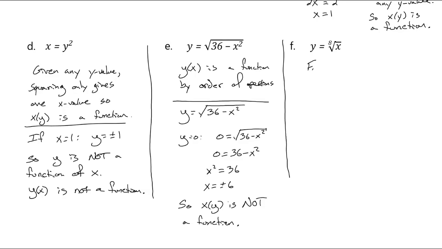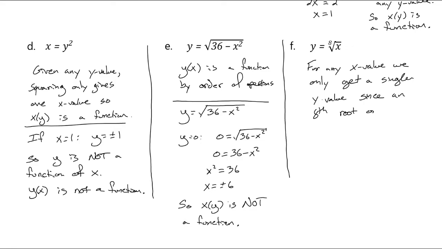So for any x value, we only get a single y value, since an 8th root only has one answer. So we can say that y of x is a function.